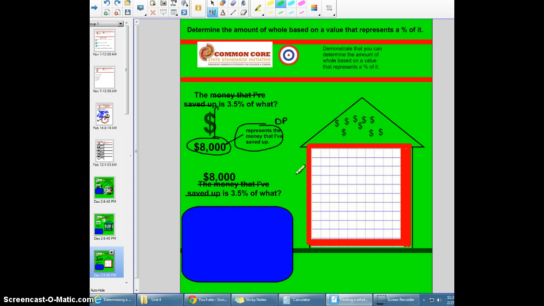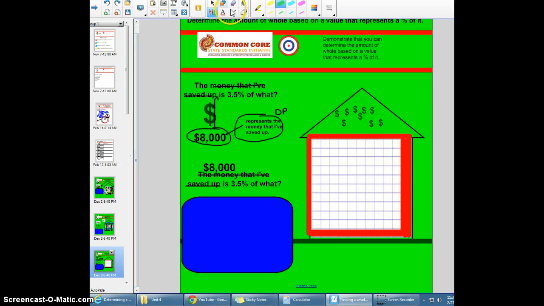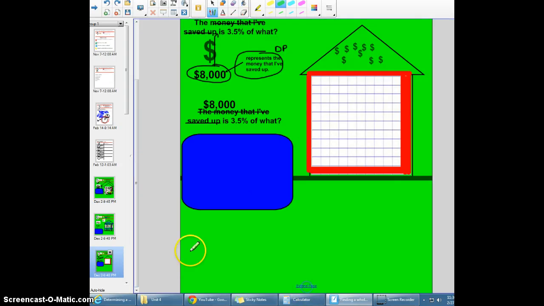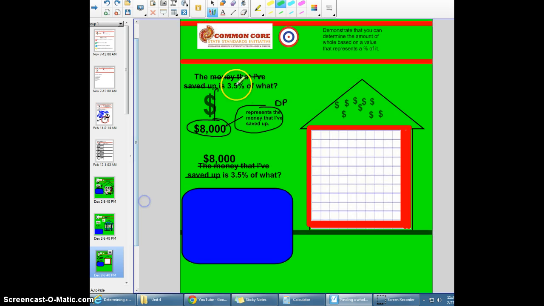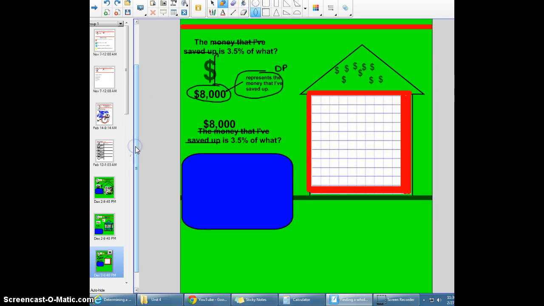Let's think of it for a moment. $8,000 represents 3.5%. If you would like to see that better visually, let's represent it visually. One of the lessons, some of the modeling that I did, and I did minimal instruction with this too, because I tried to get you to ask questions, to derive answers, to get to solutions, take ownership. This is your whole value.